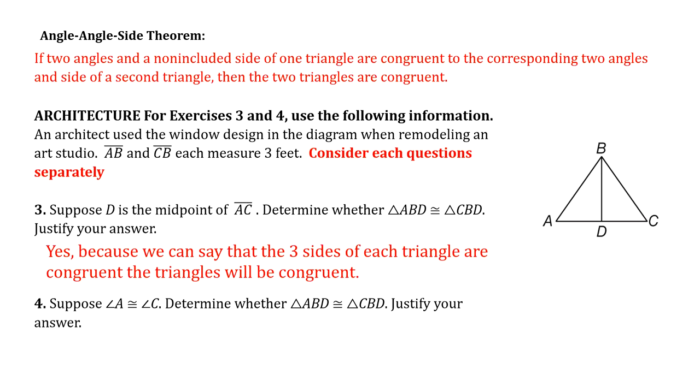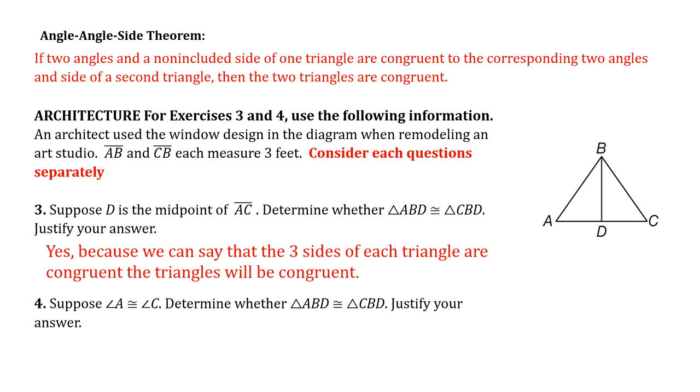Number 4 is a little trickier. Still the same information. AB is congruent to CB, they're both 3 feet. Then they tell us that angle A is congruent to angle C. So I know those sides are congruent, and now there's really no other information we have.